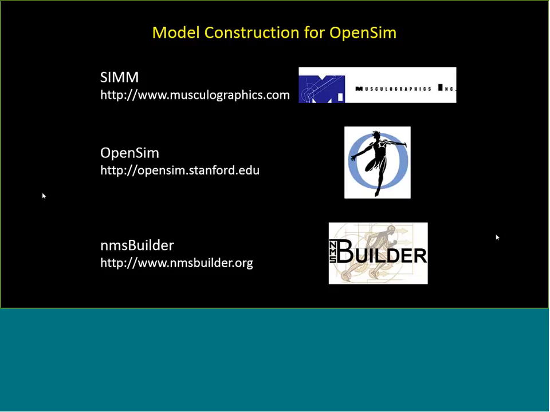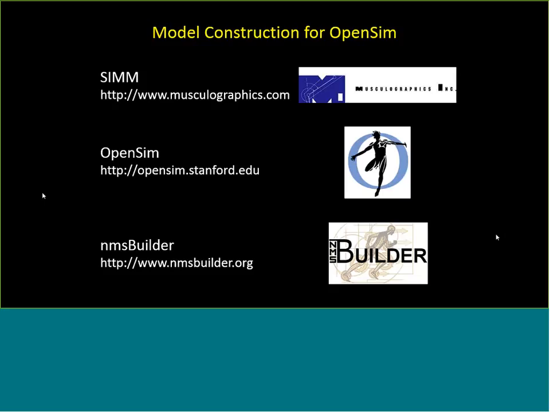So part of the roadmap for OpenSim calls for continuing to develop and expand the model building and model editing capabilities. And then there's also other complementary software, such as the open source NMS Builder, which stands for Neuromusculoskeletal Model Builder. This allows you to build models based on imaging data, like you would get from CT scan, MRI, et cetera.